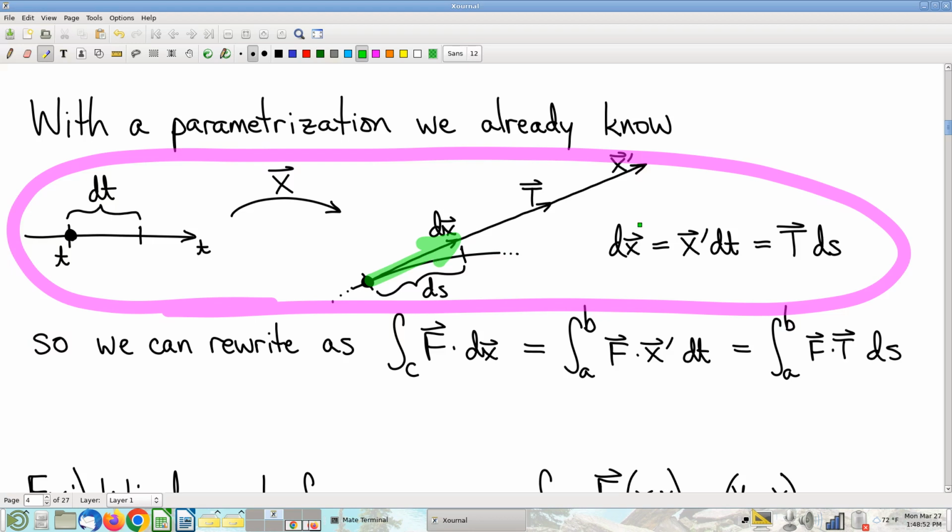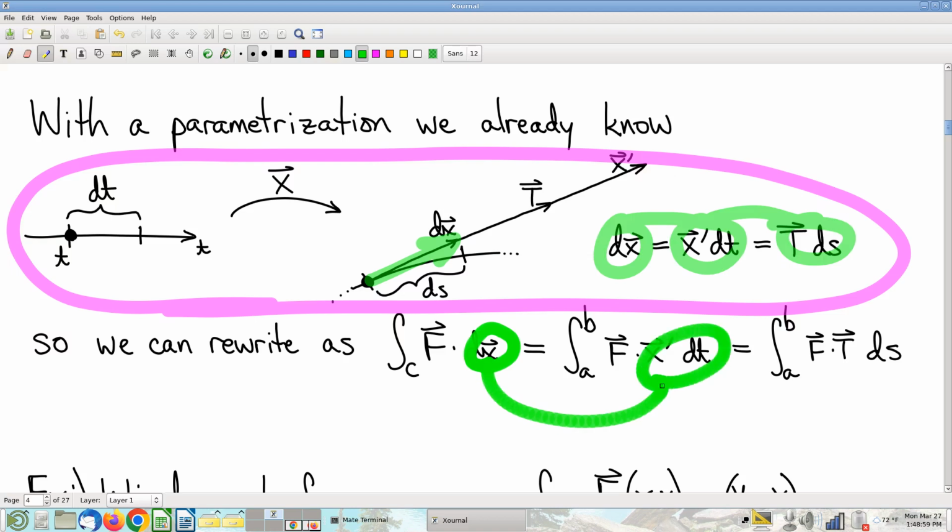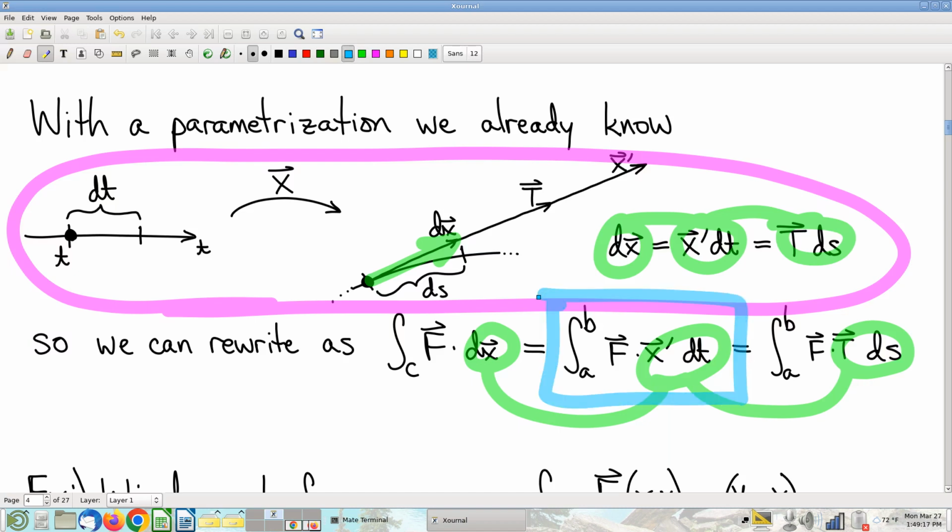We're interested in the dx vector itself, which I already know is both of these things, which, when I plug into my vector line integral formula, gives me these two alternative notations, alternative formulas, whatever you want to call them, for vector line integrals. And mostly to the point is notice that this one here is a pullback through the parameterization. Everything's in terms of t, and so this is a plug and chug opportunity for us.